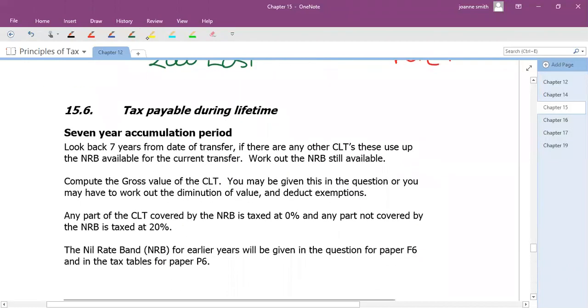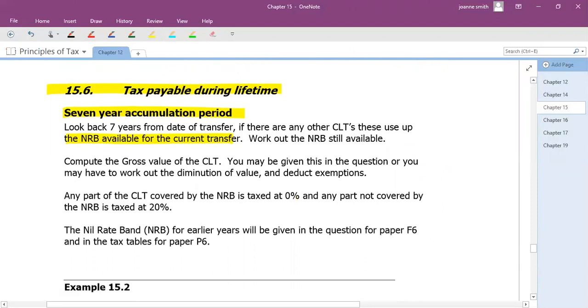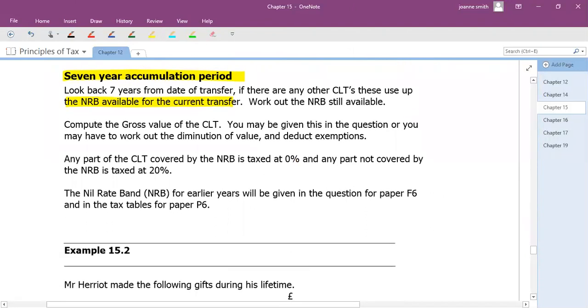There's a little bit there about tax payable during the lifetime. So with this 7 year period, you do get to look at the nil rate band, which means anything under £325,000 at the moment is taxed at 0%, so no tax to pay. But this is not really something to be worrying about at this stage.